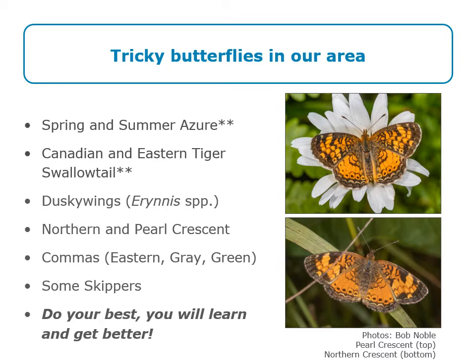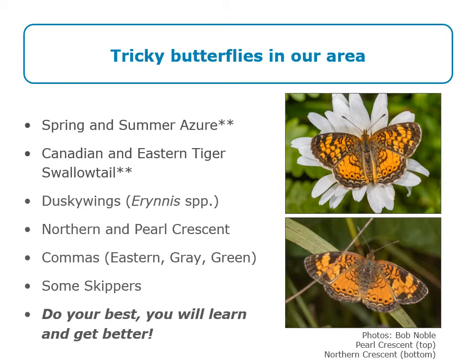But I'll note also that these are kind of in flux right now, and you might just have to be satisfied with putting a genus on observations of those kinds of butterflies and never getting a final species name for them. Same actually goes for the northern and pearl crescent, which I've listed below, because those also seem to be in flux right now. There's a lot of disagreement among taxonomists about how to identify one versus the other.